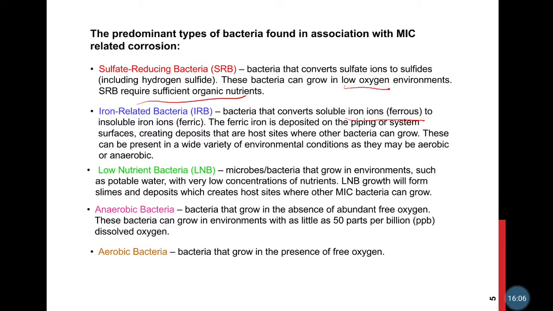Kemudian daripada slime formation dia bertukar kepada colonization, dan dia ada satu deposit formation kat situ, dan dia akan grow sampailah dia jadi bioconcretion dekat dalam inner pipeline, dan dia juga akan menyebabkan berlakunya corrosion jenis lain macam pitting corrosion.